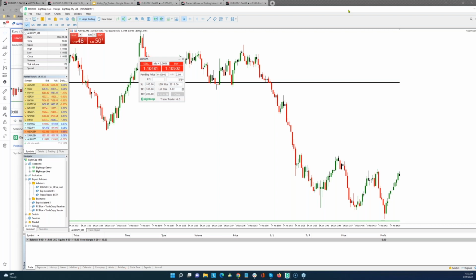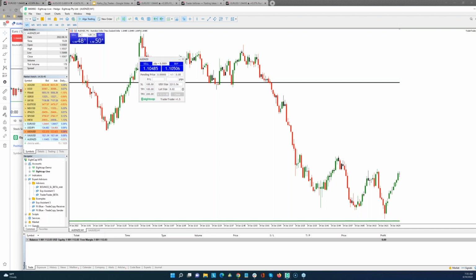You need to have a MetaTrader 5 account. So we decided we're going to create an absolutely free Eightcap trading tool that can do a whole bunch of things super fast and super easy for you, that will then allow you to trade on TradingView charts.